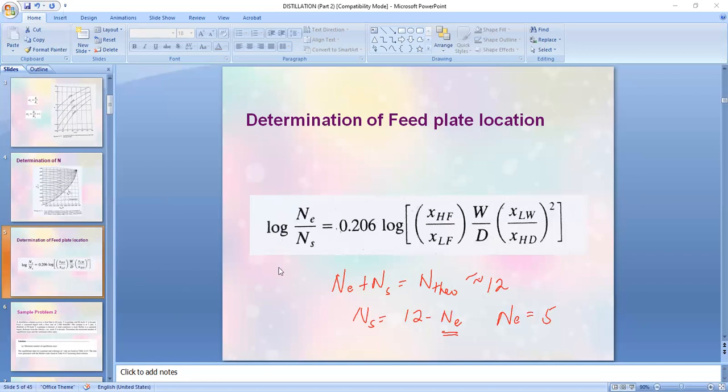Six. Okay, that's correct. So your feed will be introduced on the 6th plate from the top of the column. Why is that?